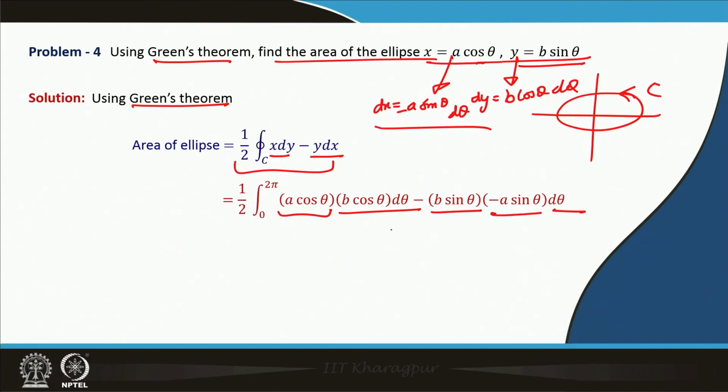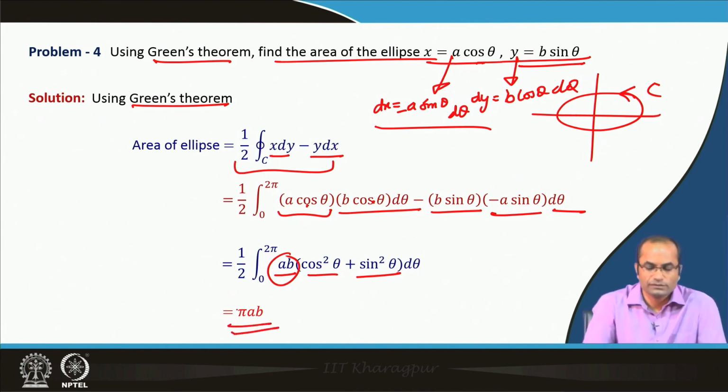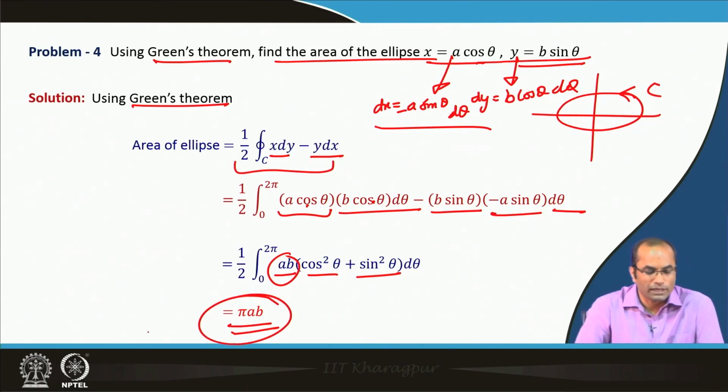So, this integral we can perform. Here we can take ab common, we have cos square theta plus sin square theta. So, ab, and then the 2 pi, but the half will cancel out that 2. So, we will get pi ab, which is a standard result, that the area of this ellipse x is equal to a cos theta and y is equal to b sin theta is nothing but pi ab.